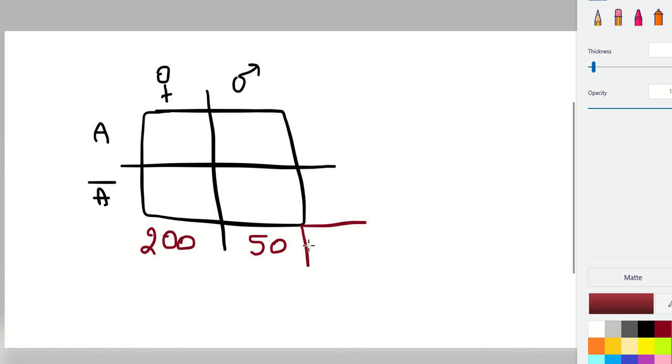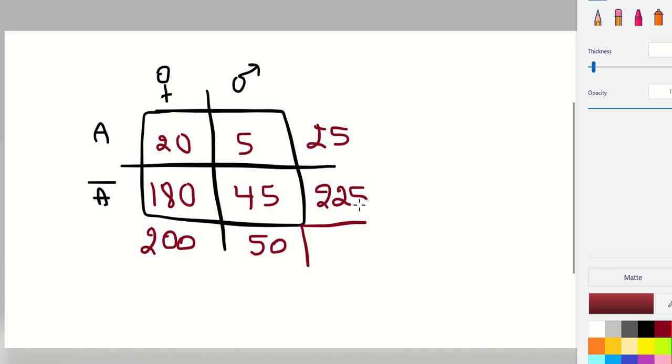Okay, and it turns out that out of the 200 female students, 20 got A and 180 got not A. And out of the 50 male students, 5 got A and 45 did not get an A. Okay, so the total of A is 25, the total of not A is 225, and the total is 250.